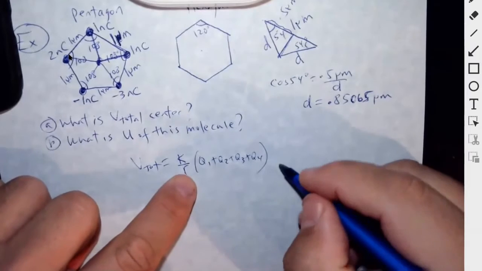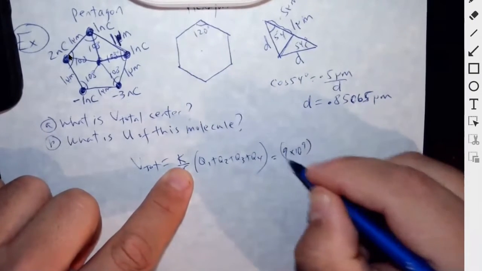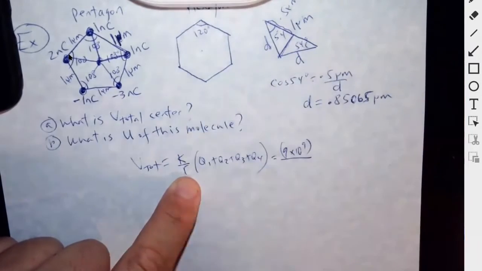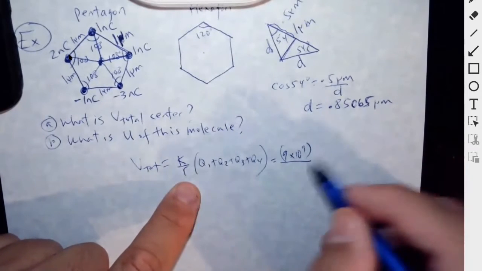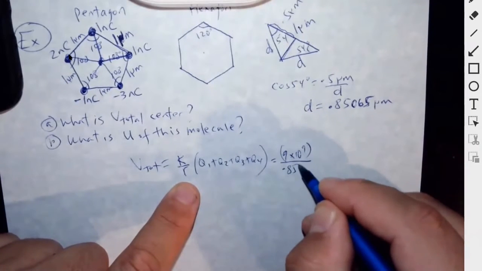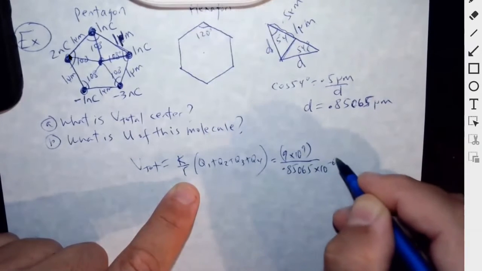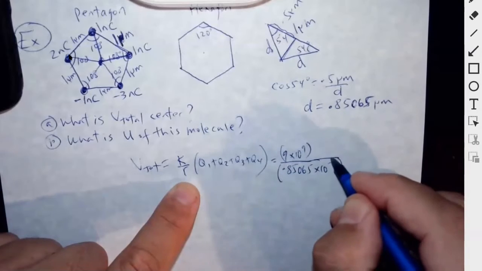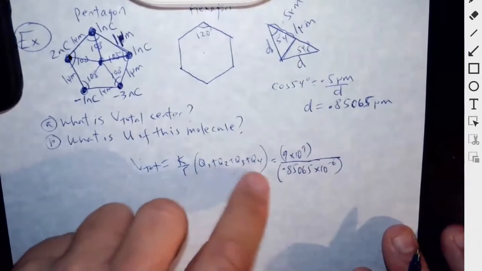As long as the distance is the same, so 9 times 10 to the 9th. The R is the distance that we got, right? So I'm using KQ over R, and then R is 0.85065 times 10 to the minus 6. Right? And then the Q's.